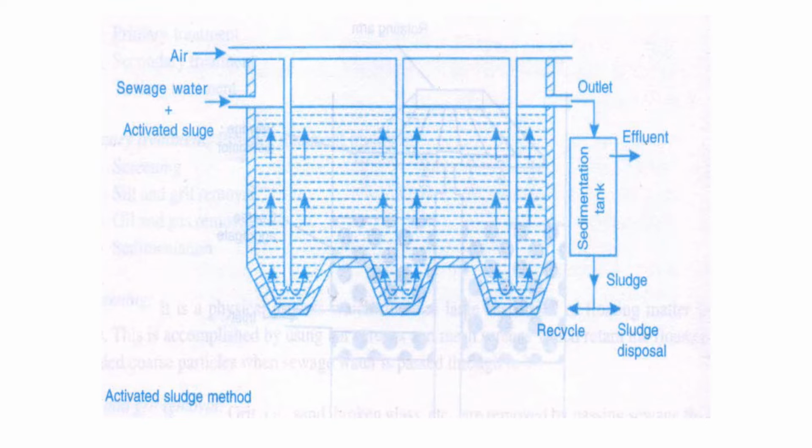The meaning of activated is the presence of microorganisms in the muddy sludge. The sewage water and microorganism-containing sludge are mixed thoroughly and allowed to stand in a chamber called the activated sludge chamber, and air is compressed from top to bottom.